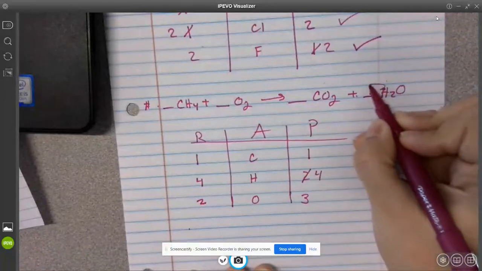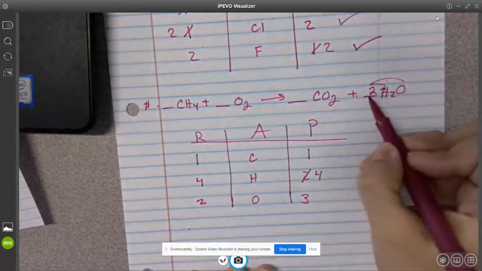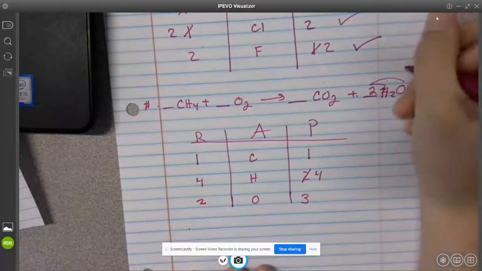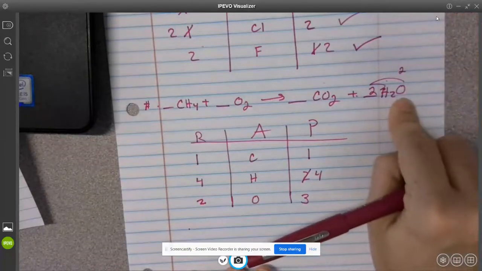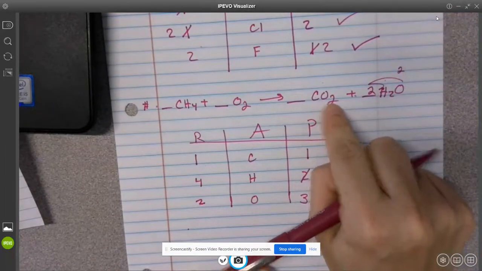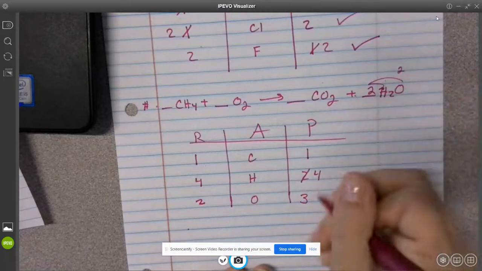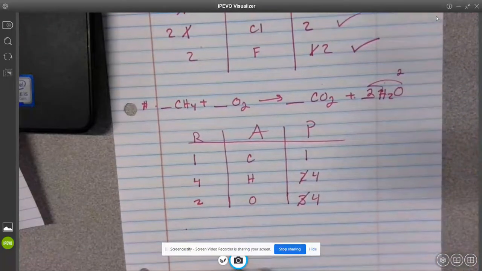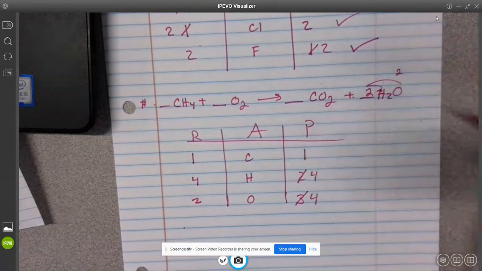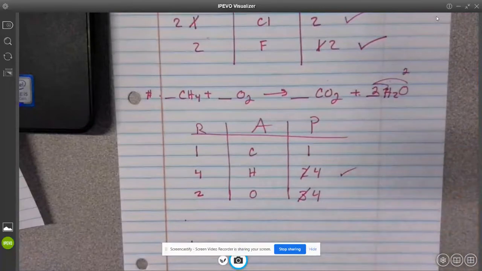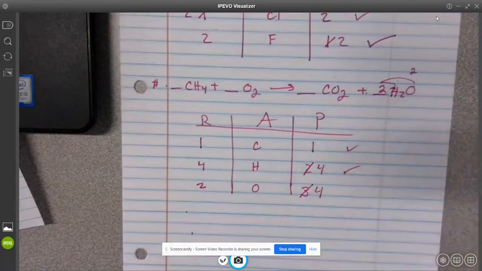And again, since your coefficient goes out to everything, I now have 2 hydrogens coming from your water. So 2 plus 2 is 4 oxygens. So looking at hydrogens again, 4 and 4, they match. They're good to go. Carbons are still looking good, so we're going to say they're good to go.